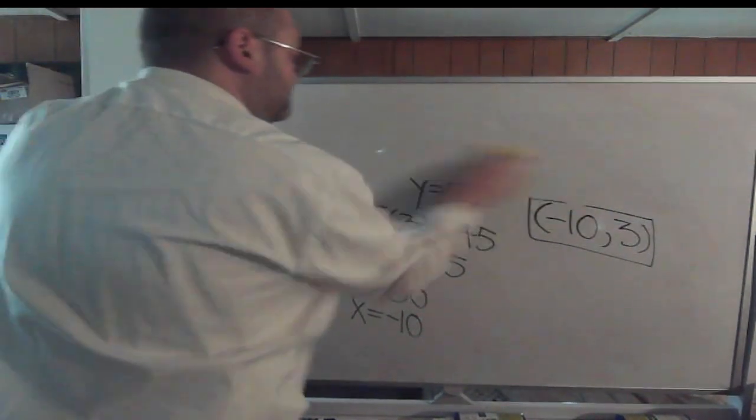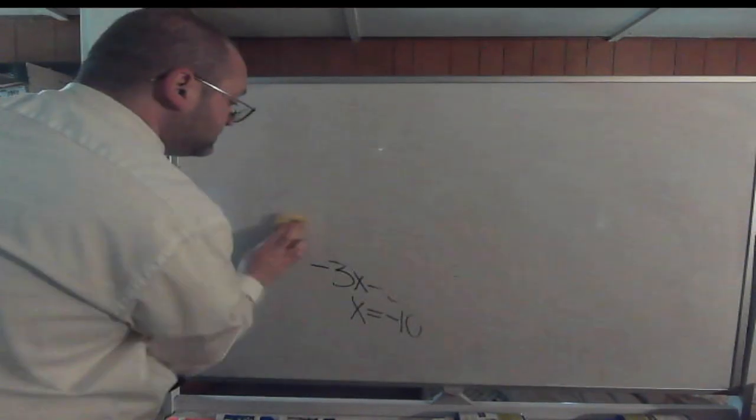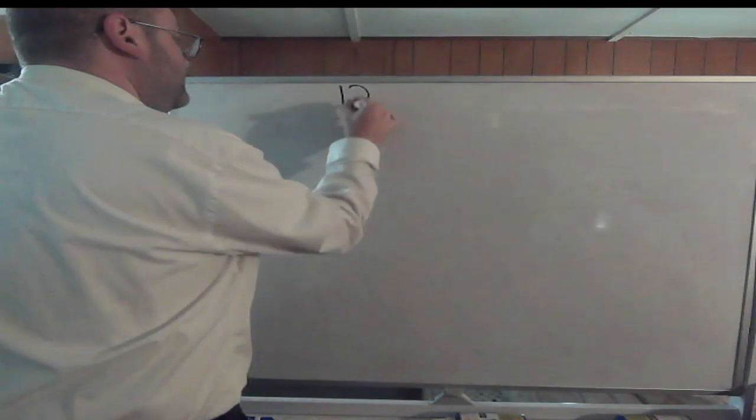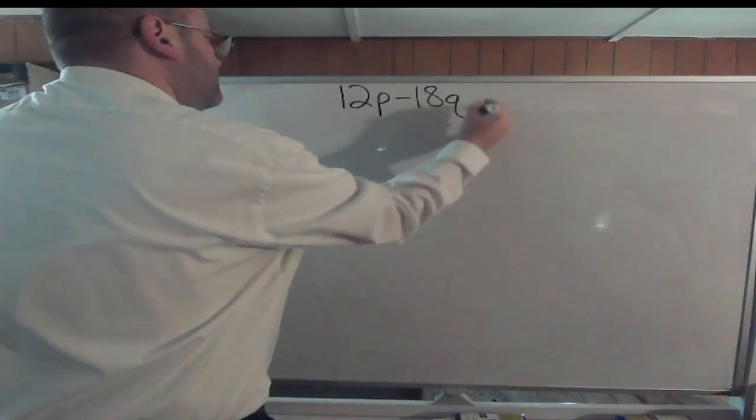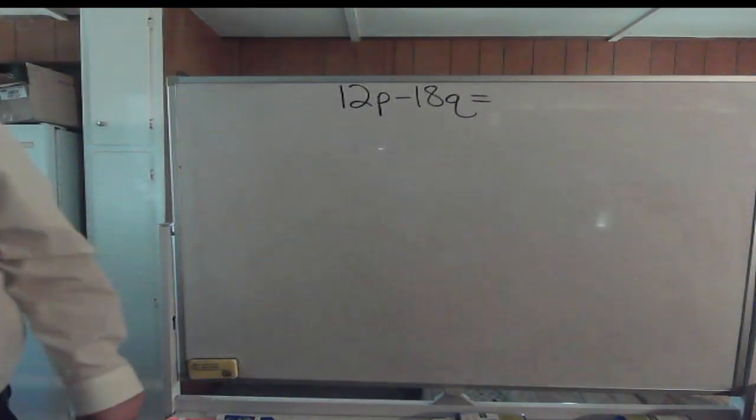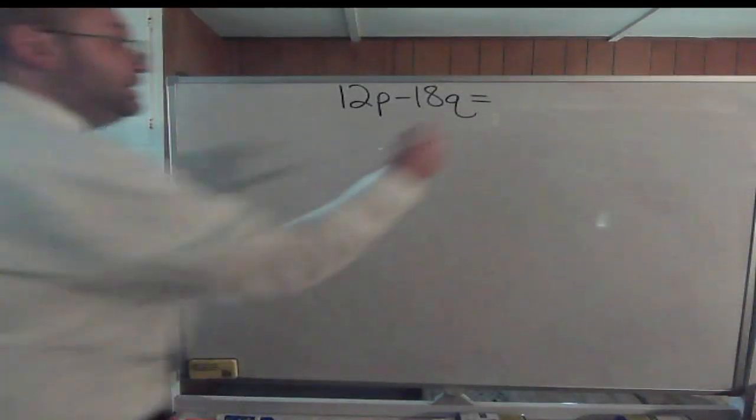Two more problems, then we're done for the day. Let's see, 12p minus 18q equals 14.